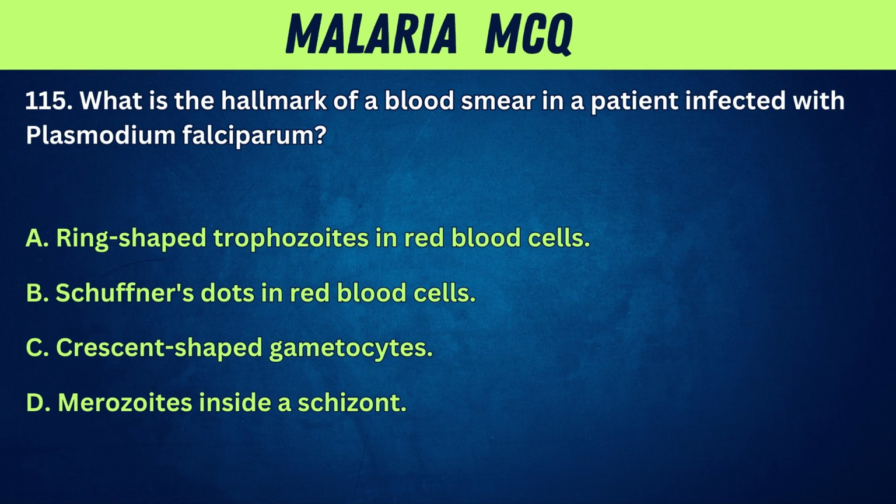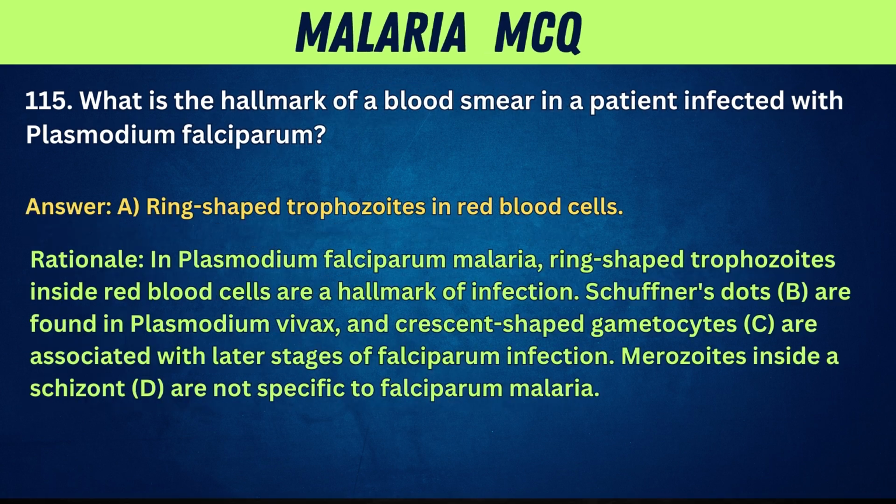115. What is the hallmark of a blood smear in a patient infected with Plasmodium falciparum? A. Ring-shaped trophozoites in red blood cells. B. Schüffner's dots in red blood cells. C. Crescent-shaped gametocytes. D. Merozoites inside a schizont. Answer: A. Ring-shaped trophozoites in red blood cells.